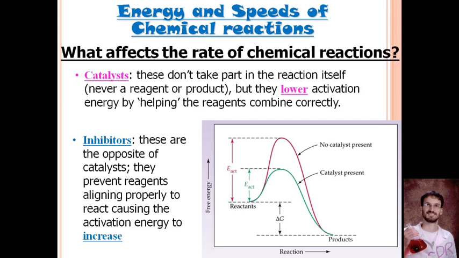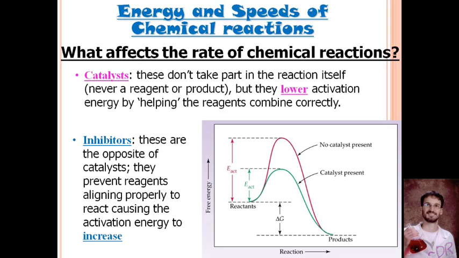Now, remember, the most important thing to keep in mind about catalysts and inhibitors is that they are not one of the reagents or one of the products. They don't actually take part in the chemical reaction. The molecule of the catalyst or the molecule of the inhibitor is exactly the same in the beginning and in the end. It doesn't change. There's no chemical reaction that occurs with the catalyst or inhibitor.